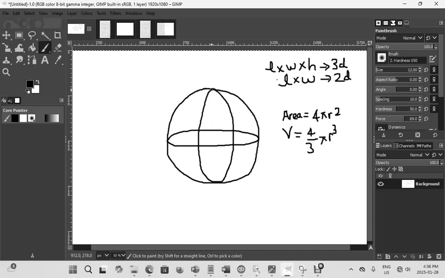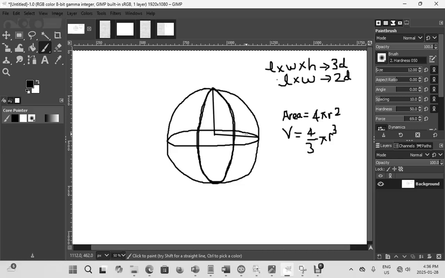Say you have a circle in a sphere, and you have the radius starting from the center. This will be length times width to figure out the area.